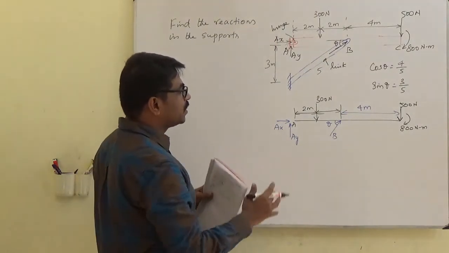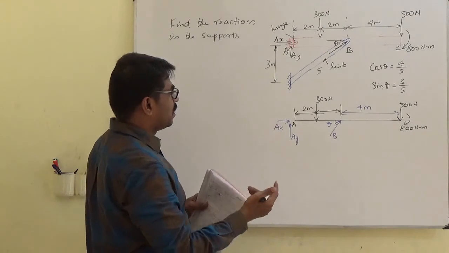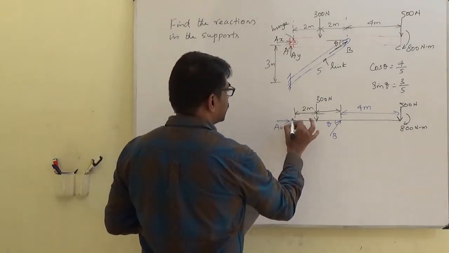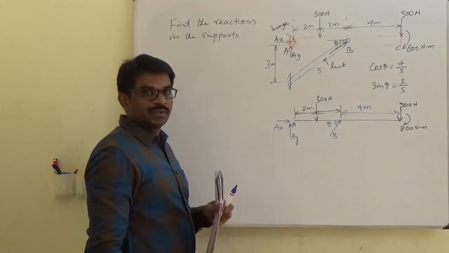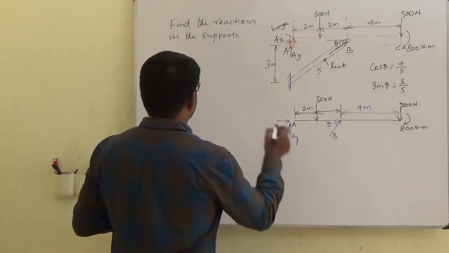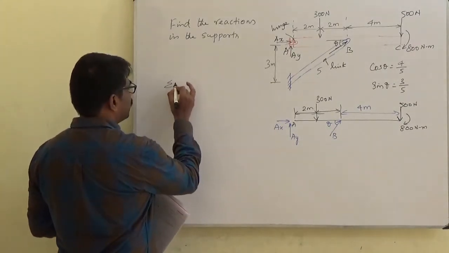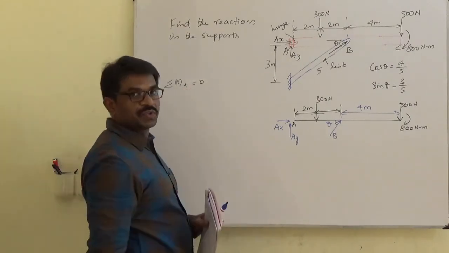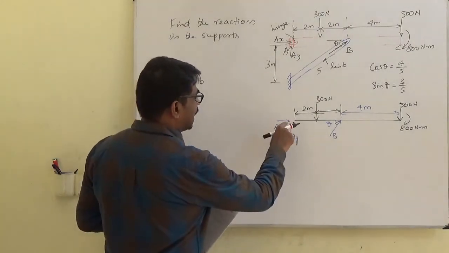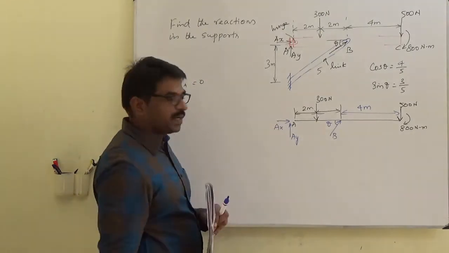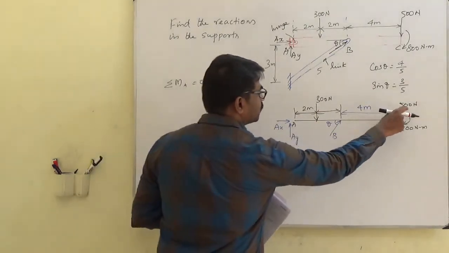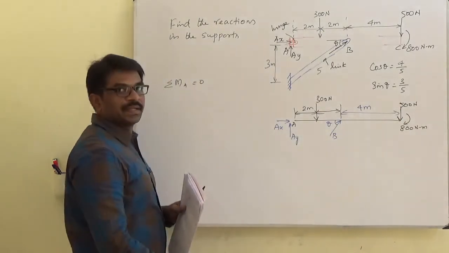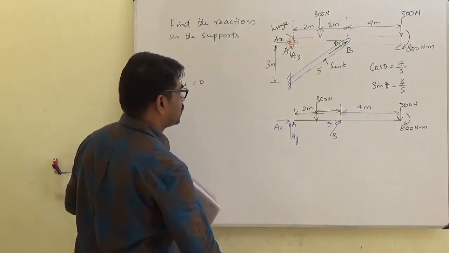Here what I am going to do, first I will use moment about this point equal to 0. So summation of moment about A equal to 0. So when I am using that, these two will not produce any moment.